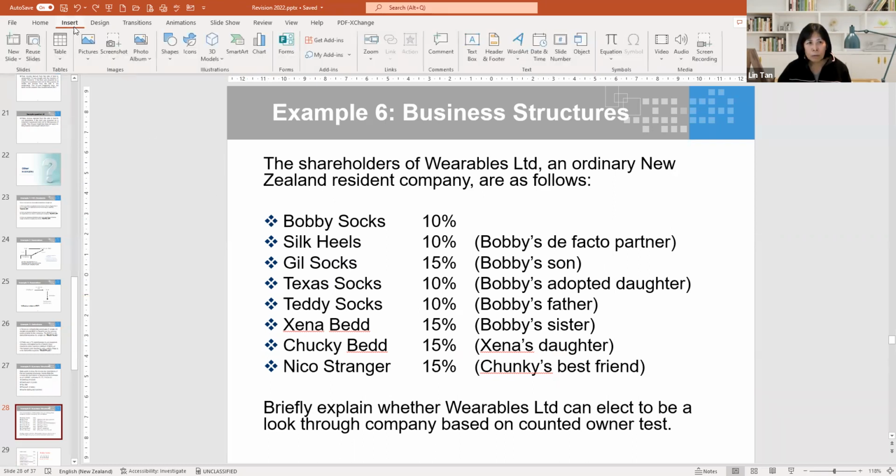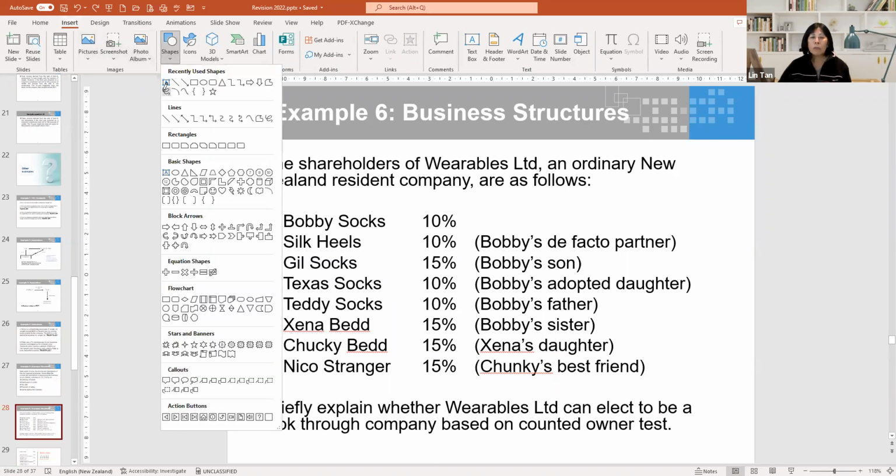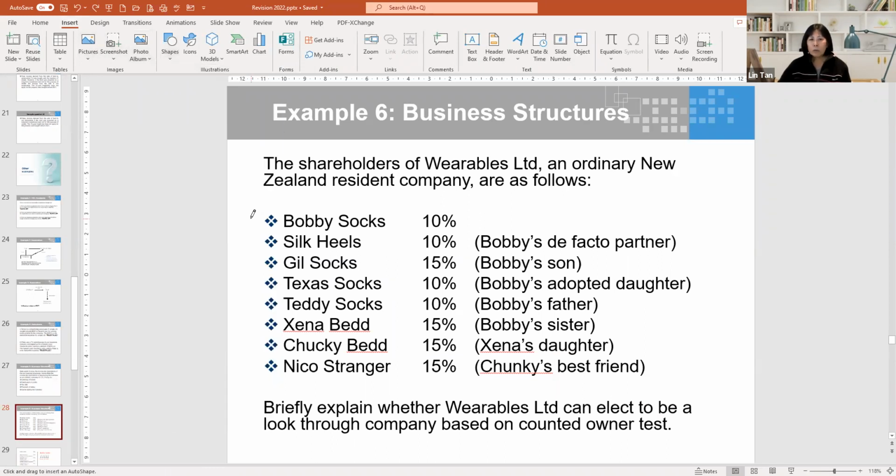All right, so let me just pick this up. You can start with anybody you like. Let's say I'm going to start with Bobby. This is Bobby Socks. Silk Heels is Bobby's de facto partner, right? So a spouse, de facto partner, they are all grouped together because they are relatives.